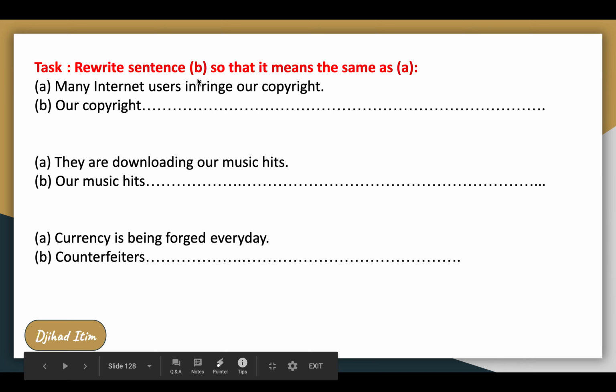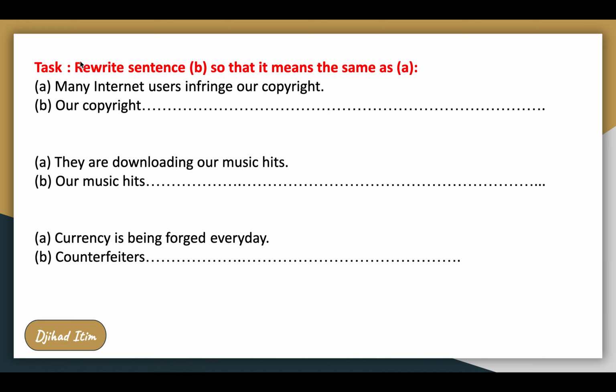Write sentence B so that it means the same as sentence A. You have here 3 sentences. You can pause, do it, and get back for the correction. First one: many internet users infringe our copyright. So what can you say? Our copyright is infringed. Why?